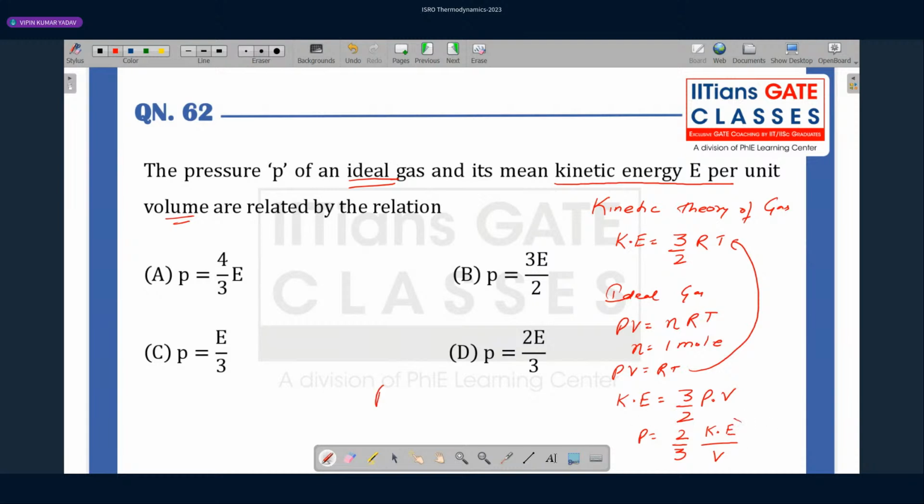So I can write P is equal to 2 by 3 E, where E is equal to kinetic energy per unit volume. So this is the relationship. So I think D is the correct answer, 2 by 3 E. Okay, clear?